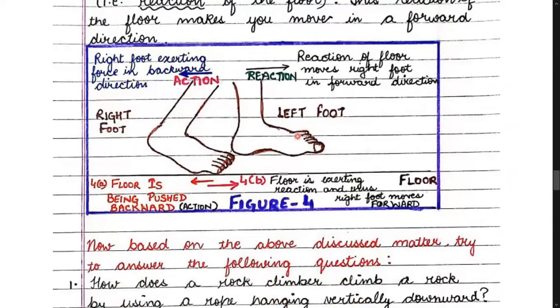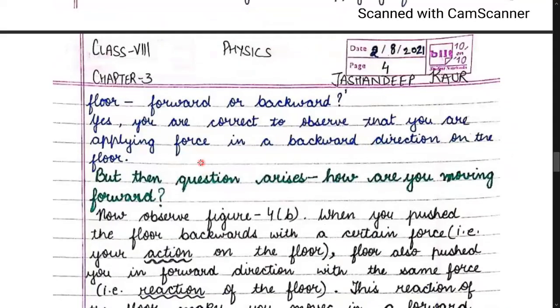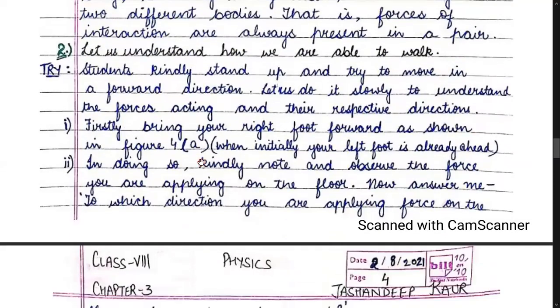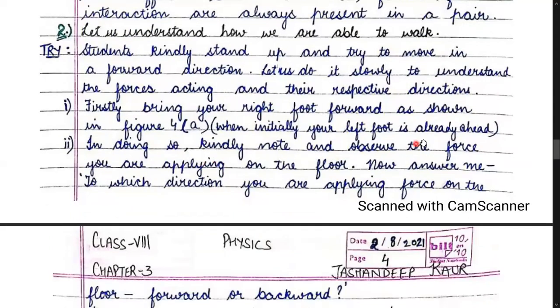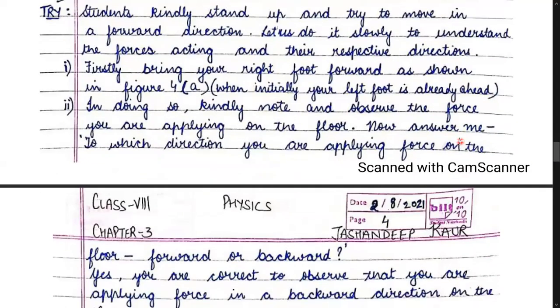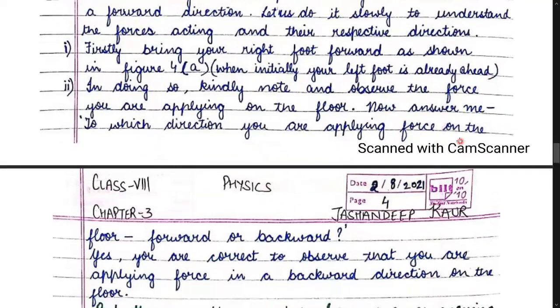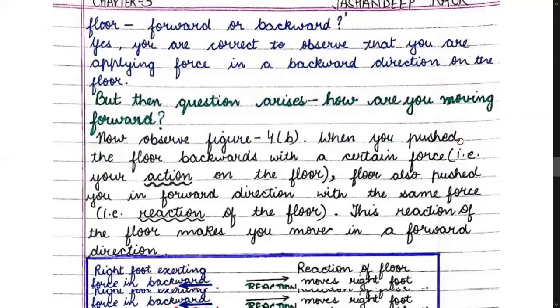See, this is your left foot and this is your right foot. So let us bring your right foot forward, as shown, when initially your left foot is already ahead. In doing so, kindly note and observe the force you are applying on the floor.